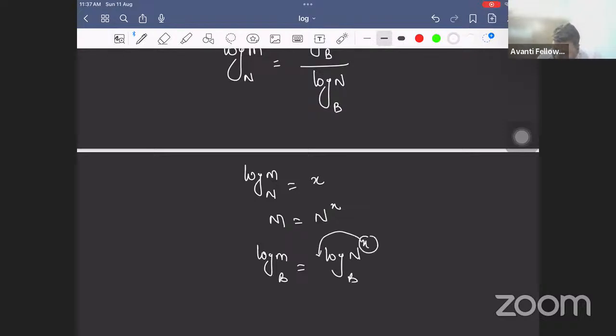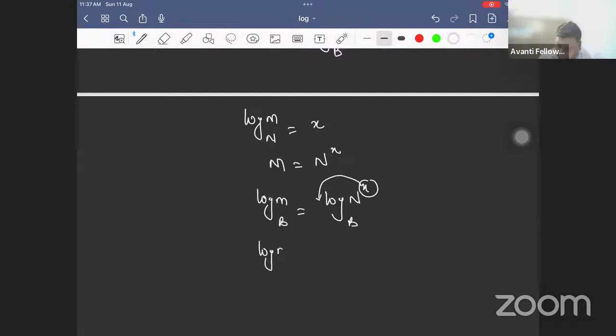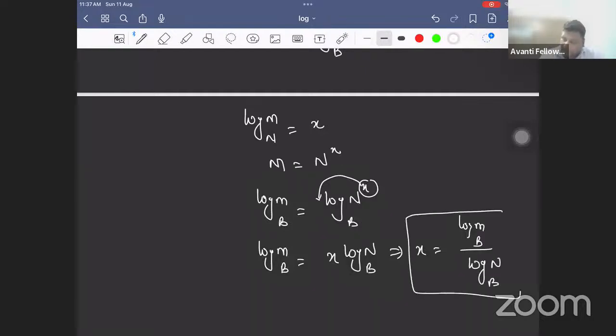Now I'll take this x outside. So log m base b is x times log n base b. So x is log m base b upon log n base b. Simple. And this is what you had assumed as x.